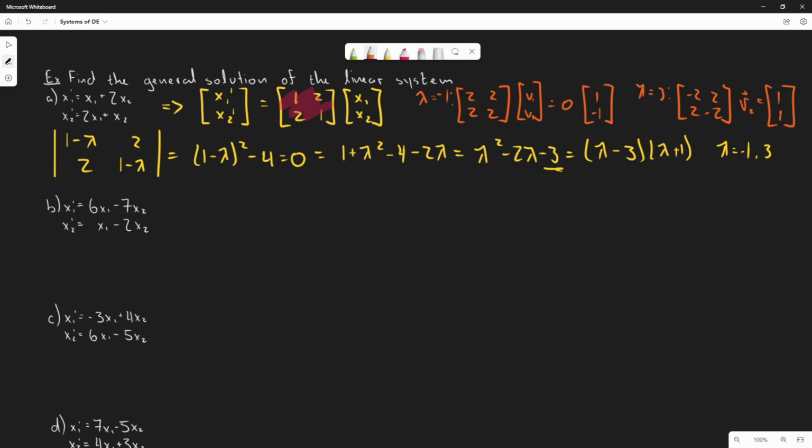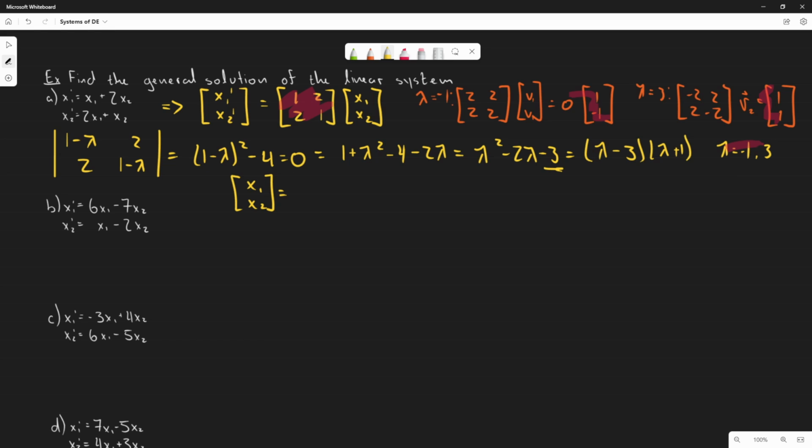And that's it. You have your eigenvalues, you have your eigenvectors, and so all we have to do is just put them into the solution. And so our solution will be x1, x2 is equal to, there's a couple ways to write this.